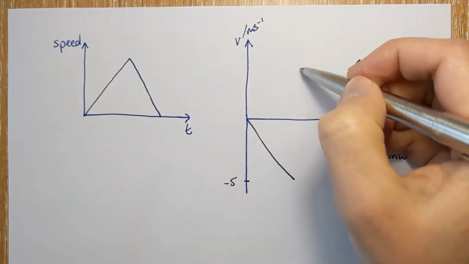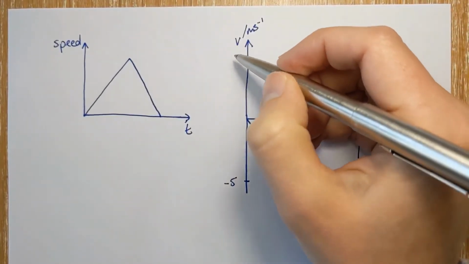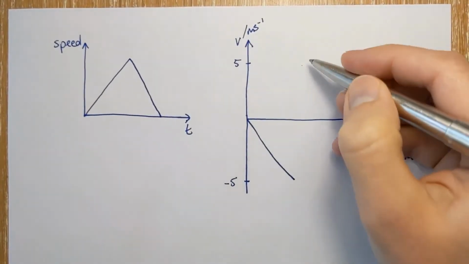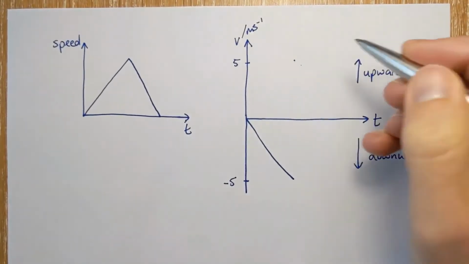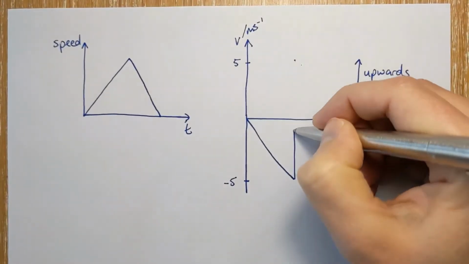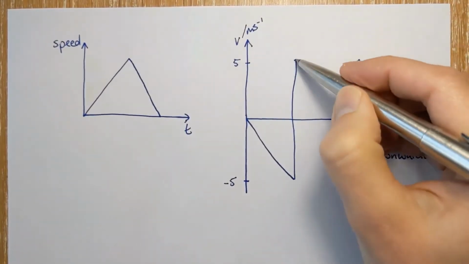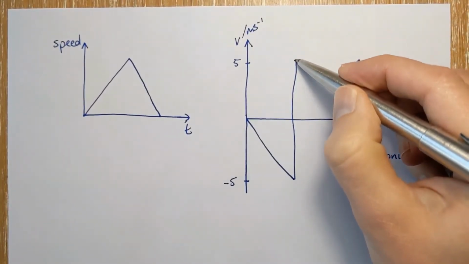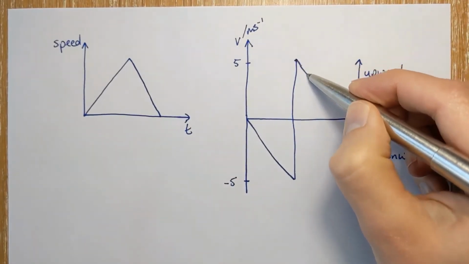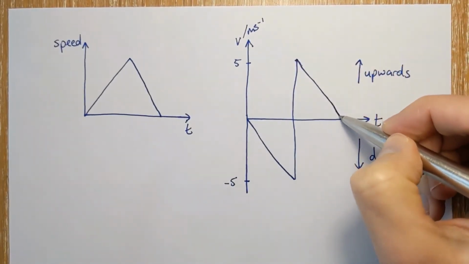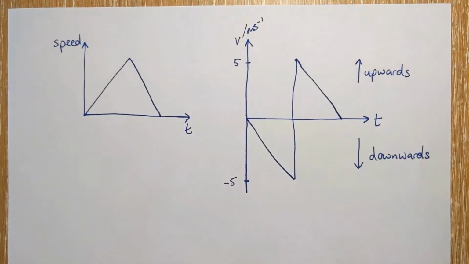Then, assuming it's not losing any energy here, it's going to leave the ground travelling at 5 meters per second upwards. So we draw a basically vertical line there to join the two. Then it slows down as it gets higher until at its maximum height it's travelling at 0 meters per second again.